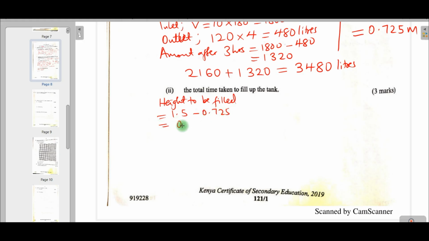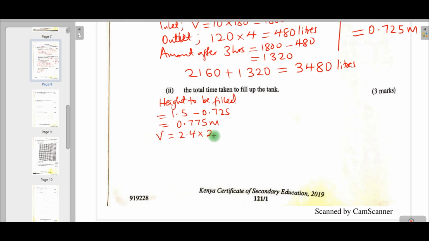So what is remaining is 0.775 meters. This is the remaining part to be filled.